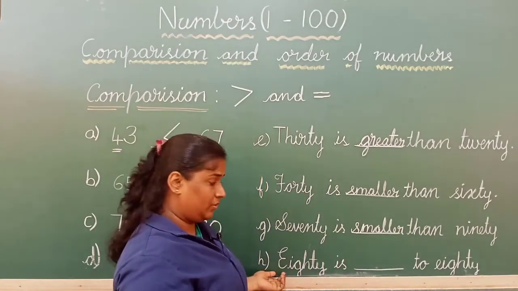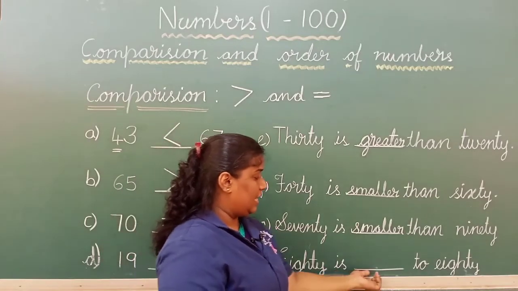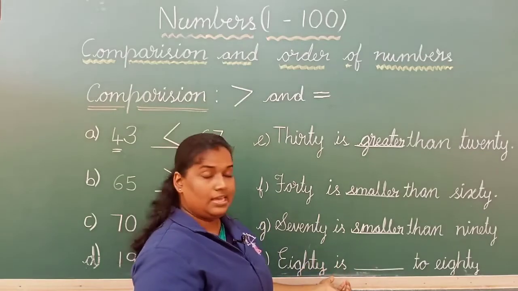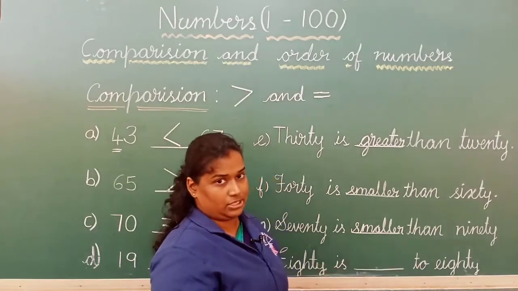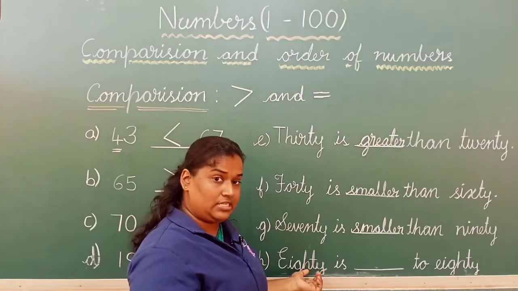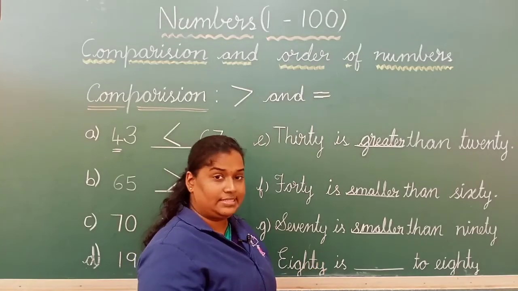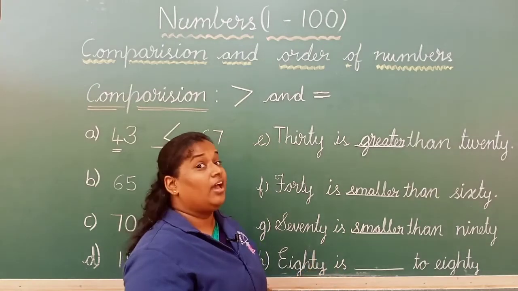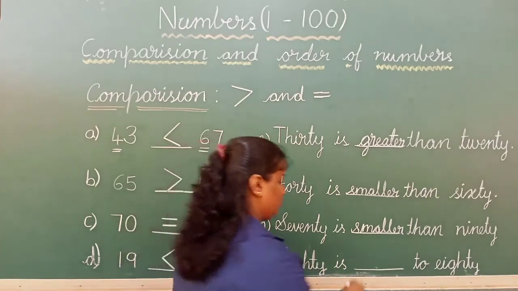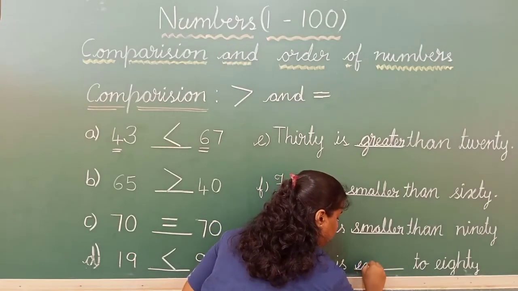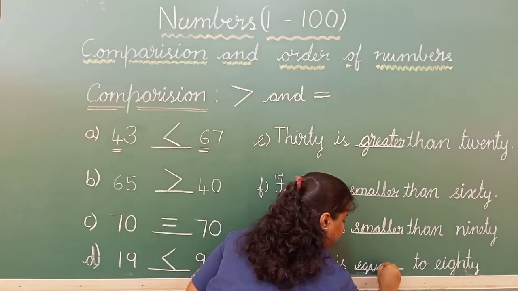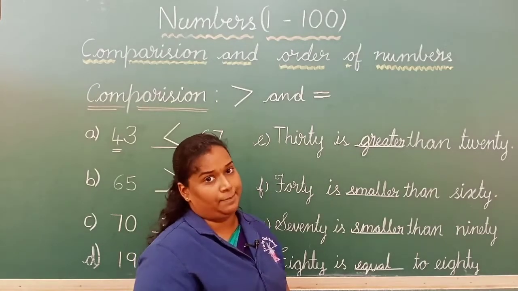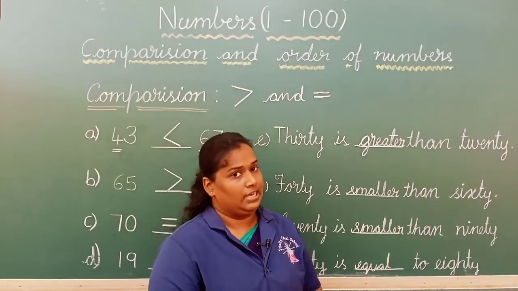Question H. 80 is dash to 80. Is 80 smaller or greater than 80? Yes, 80 is equal to 80. So the answer is equal to. This is how we compare when two numbers are given.